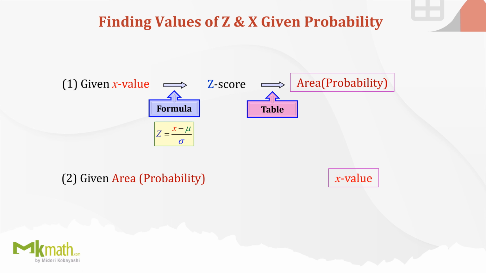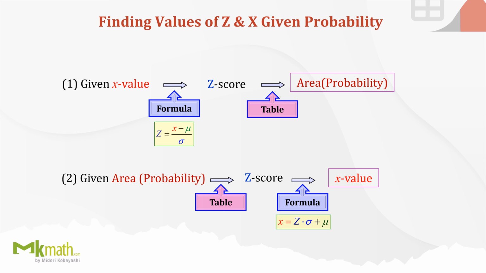If it is not the desired area or probability, then we need to manipulate it to have the desired area. For the other type, we are usually given probability in percent. Read the corresponding z-score using the table, and then find the observation value x using the formula shown. These steps are the reverse of the first type.